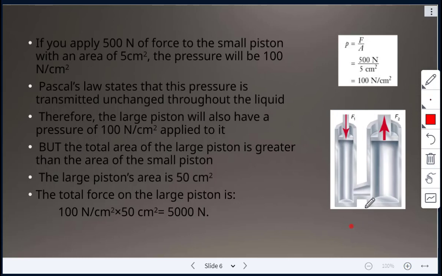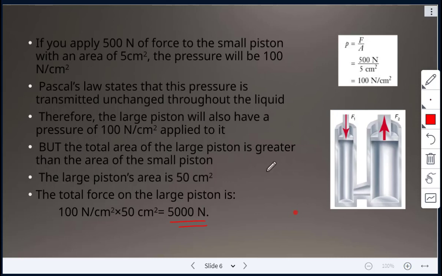So the large piston's area, let's say, is 50 centimeters squared. It's given to us. So the total force on the large piston will be 100 newtons per centimeter squared times 50 centimeters squared. So the upward force on the larger piston is 5,000 newtons.